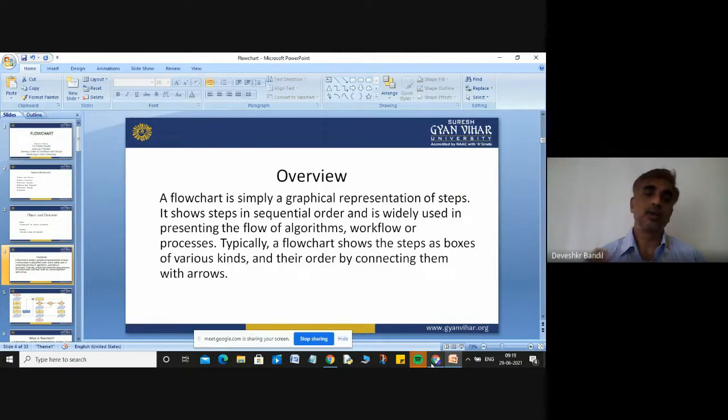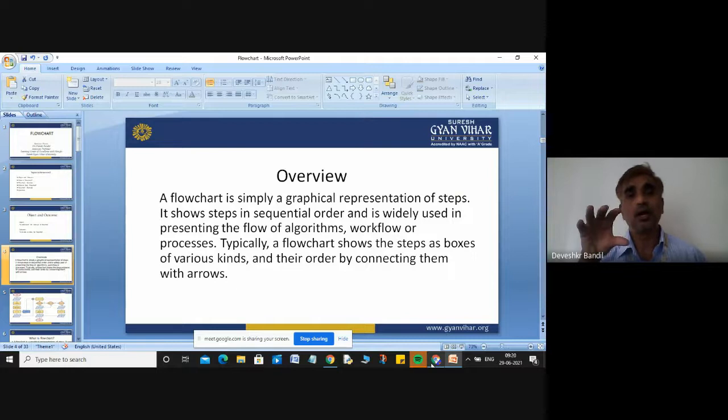Okay, that's why, as per your algorithm, your flowchart is a graphical representation of your steps, and it shows all the steps in sequential order, and is widely used in presenting the flow of algorithms.